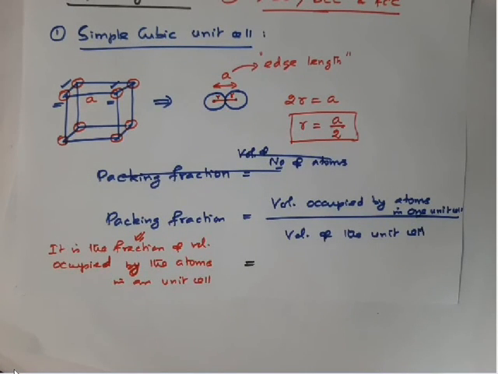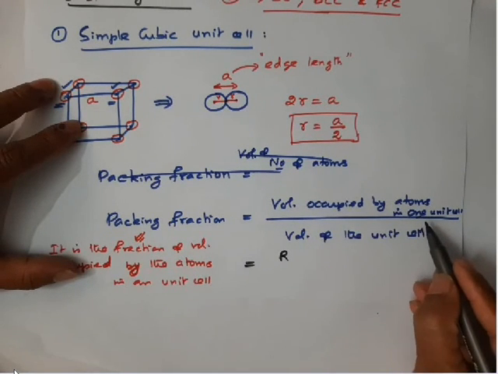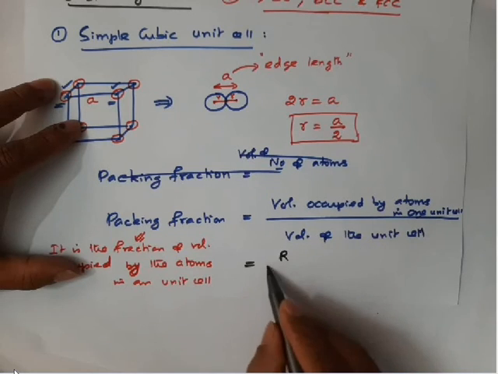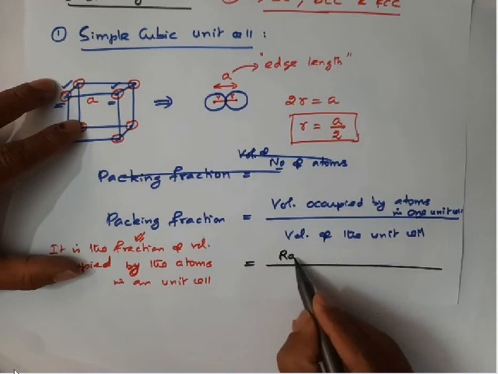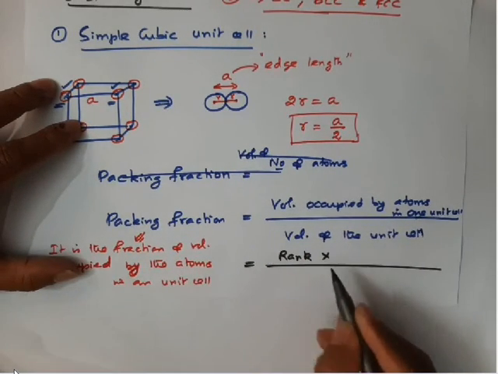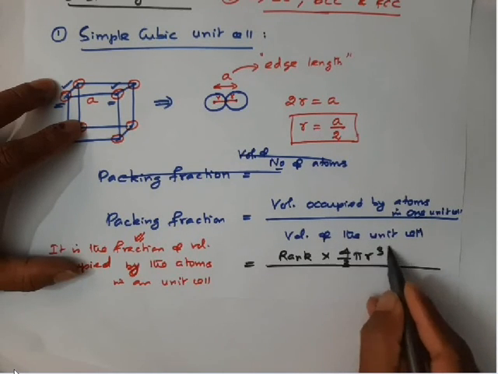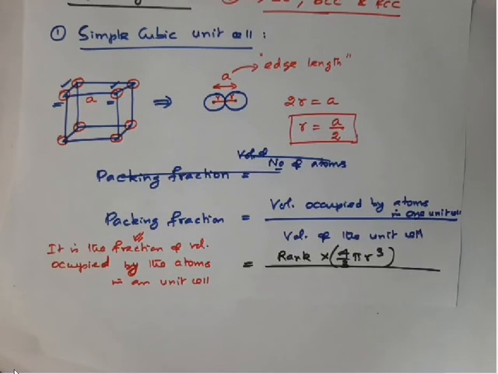What is the rank of simple cubic unit cell, students? 1, right? Listen. So volume occupied by atoms in one unit cell, let me write like this. Rank means number of atoms per unit cell, into 4 by 3 pi r cube. What is this? 4 by 3 pi r cube is the volume of a sphere.